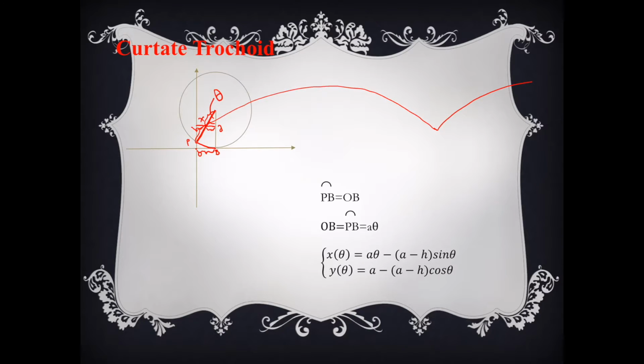So we have x theta equals A theta minus (A minus h) times sine theta. And the y theta, which is from here to here, equals the entire length of this radius, which is A, minus the cosine of the same triangle. So it becomes A minus h times cosine theta.